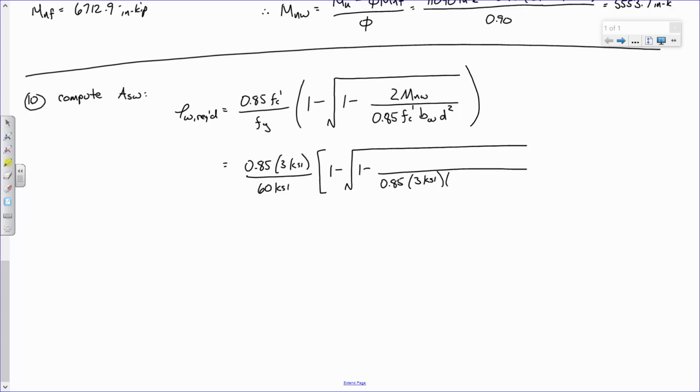Now, for BW, instead of BW being the, what was it, 54? For the whole top flange, we're only looking at the web. So this is going to be 15. Don't forget to square that D. And then 2 times, what was this, 55, 53.7.